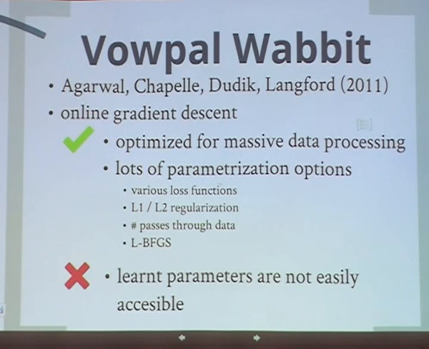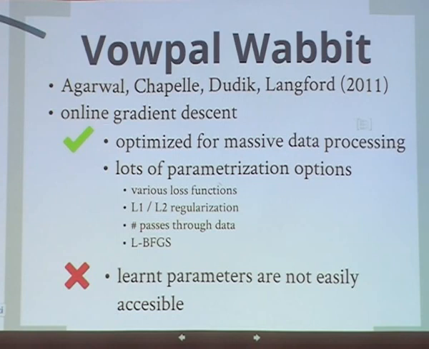So you can also then adapt to what you see in the testing data, or what's coming from the real examples. So, pros: it's optimized for massive data processing. It was developed by big names in the machine learning field, and it has a lot of parameterization options, like various loss functions and various types of regularization.